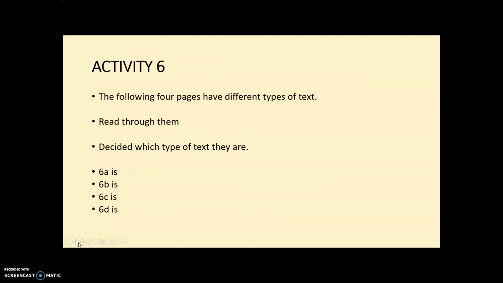So for this activity, on the 4 following pages there are 4 different types of text. I want you to read through them and then decide which type of text they are, whether they're persuasive, informative, descriptive, etc. So stop again after you've read each page and then put the answers in the email that you've been creating.